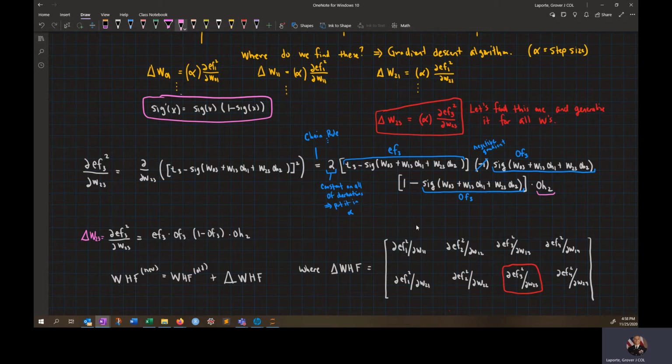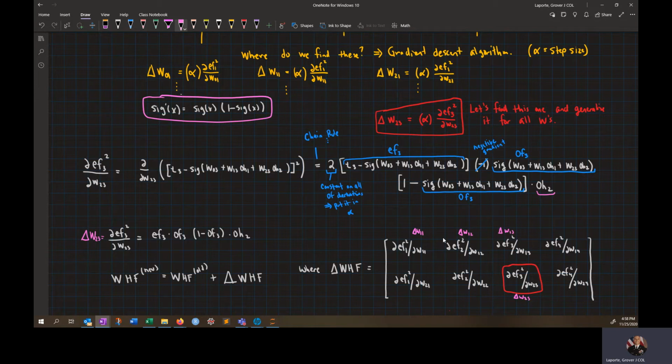All right, so remember what we're trying to do here, right? This would be delta W11, this one would be delta W12, this would be delta W13, and this would be delta W23, right?